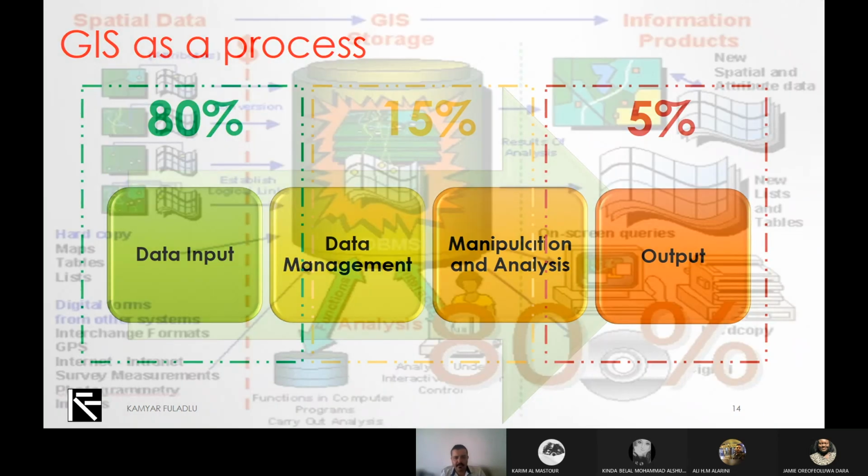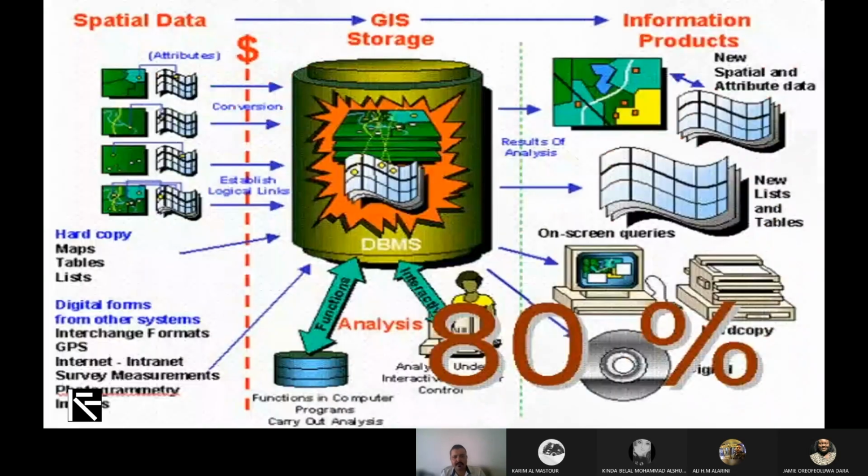I put this diagram again for you. We have a different bunch of, let's say, spatial data. It can come from a map, from a table, from a list, from a GPS, photogrammetry, from an image, or from, let's say, a field survey. So all this data can come here.